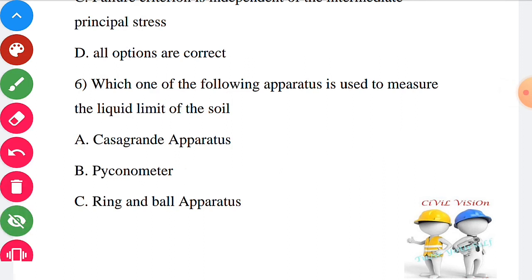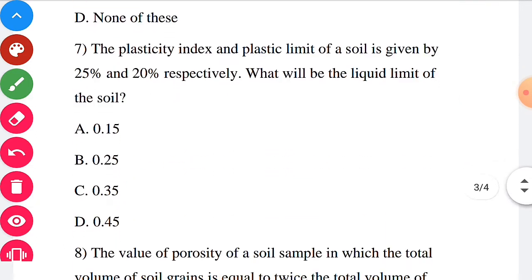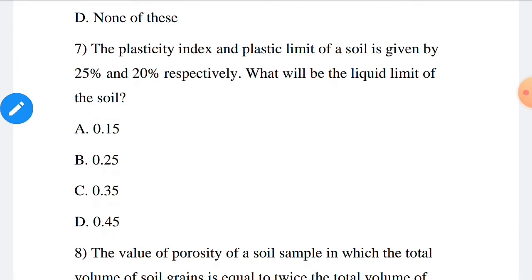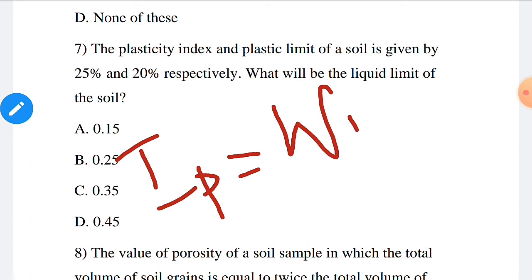Seventh one. The plasticity index and plastic limit of the soil are given as 25 and 20% respectively. What will be the liquid limit of the soil? We know the formula for plasticity index, IP equals liquid limit minus plastic limit.